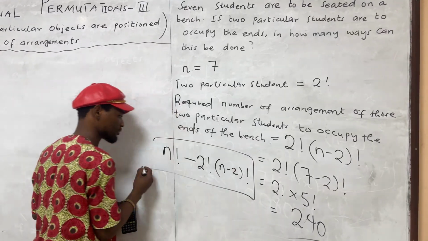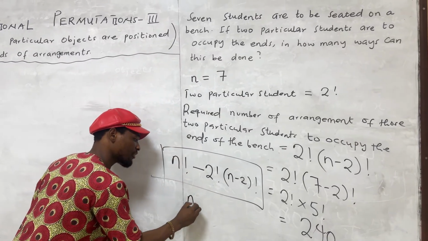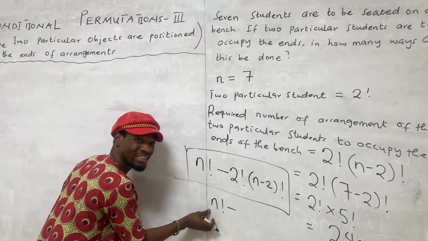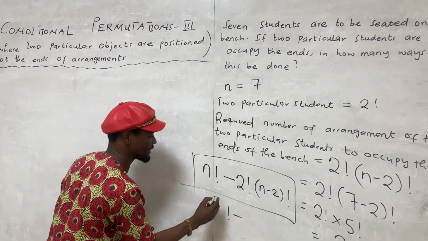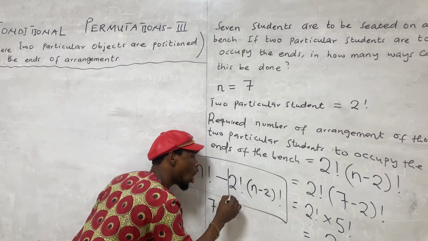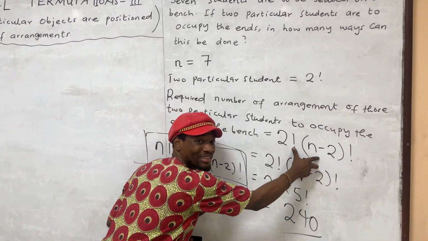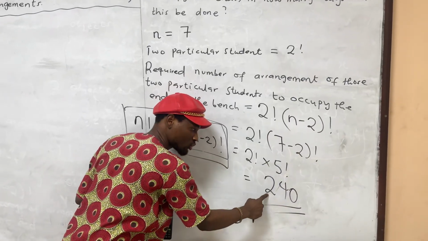So in other words, you have your n factorial, then minus. But what is n? n here is 7. So 7 factorial, then minus the whole of this, which has already been calculated.